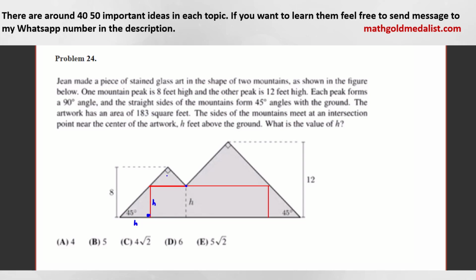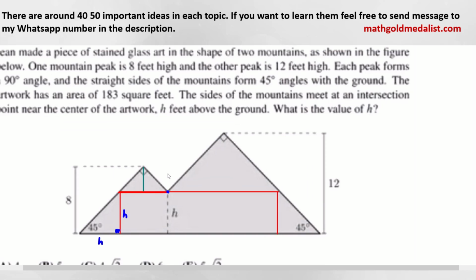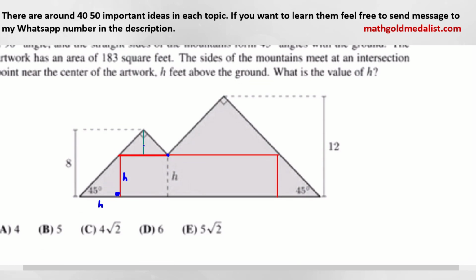This one, the height here, is what? Let me draw with green. This one is 8 minus h. And again, because it is 45, this angle is also 45, so this one again is 8 minus h, and this one also 8 minus h.